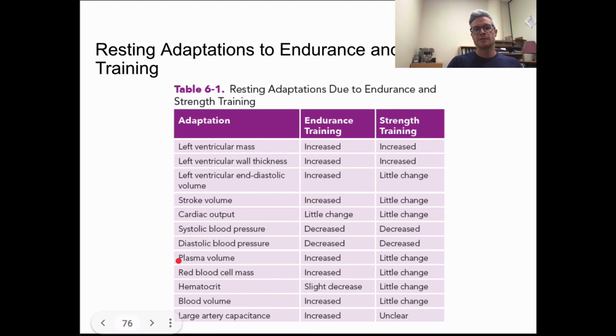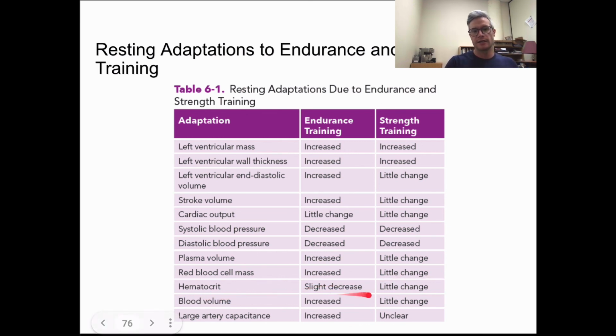Our plasma volume, as I mentioned earlier, increases for endurance training, as well as an increase in red blood cell mass, but we don't get those same changes with strength training. There's some, depending on, for example, if you're working out in a very hot gym, you're likely to see those increases in blood plasma volumes and some red blood cell increases as you're undergoing hematocrit concentration changes.